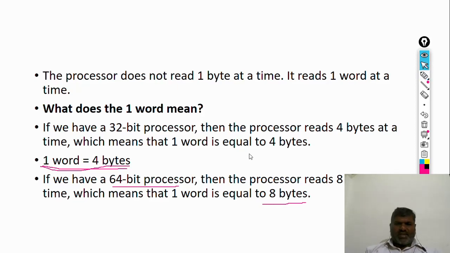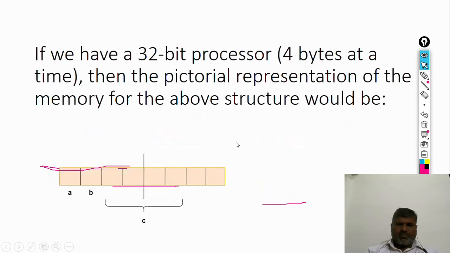Now here we have a 32-bit processor. The pictorial representation you can see here shows how the memory is allocated. For character a, 1 byte is allocated, and each box represents 1 byte. For b, 1 byte of memory is allocated, and for c it will allocate 4 bytes of memory.